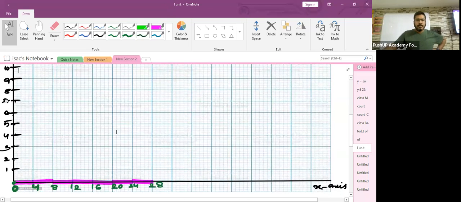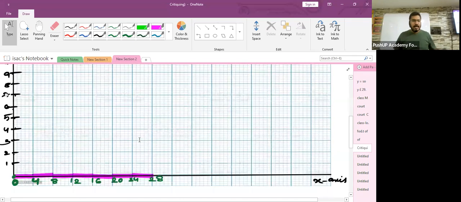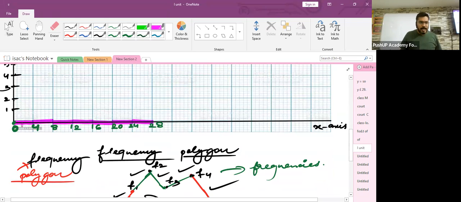Now, the 0 to 4 class interval has got what frequency, children? It has got a frequency of 4, isn't it? Where is your 0 to 4 class interval? Over here, isn't it? This is your 0 to 4 class interval, right?